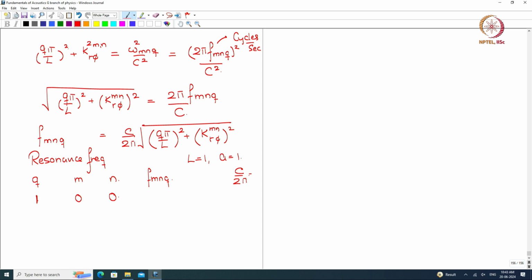This is value 50. Okay. So, I get 50 into q pi by L. Q is 1, pi by L, let us say 3 into 3 is equal to 150 hertz.